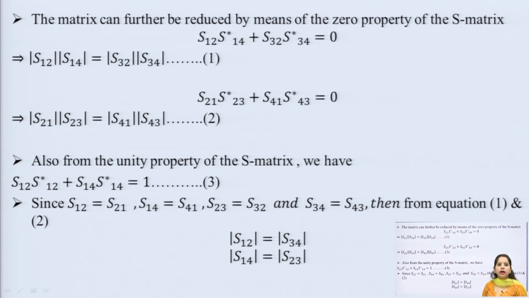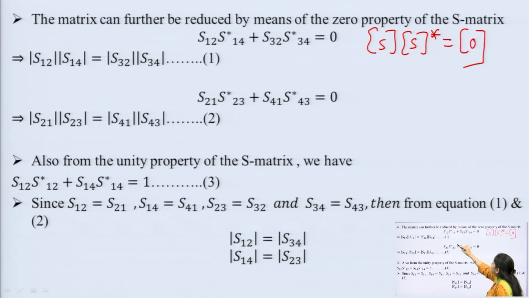And now applying the properties of the S matrix. First, the zero property, where we say that S multiplied with the conjugate of S will give the zero matrix. We are able to get this relation and this relation.